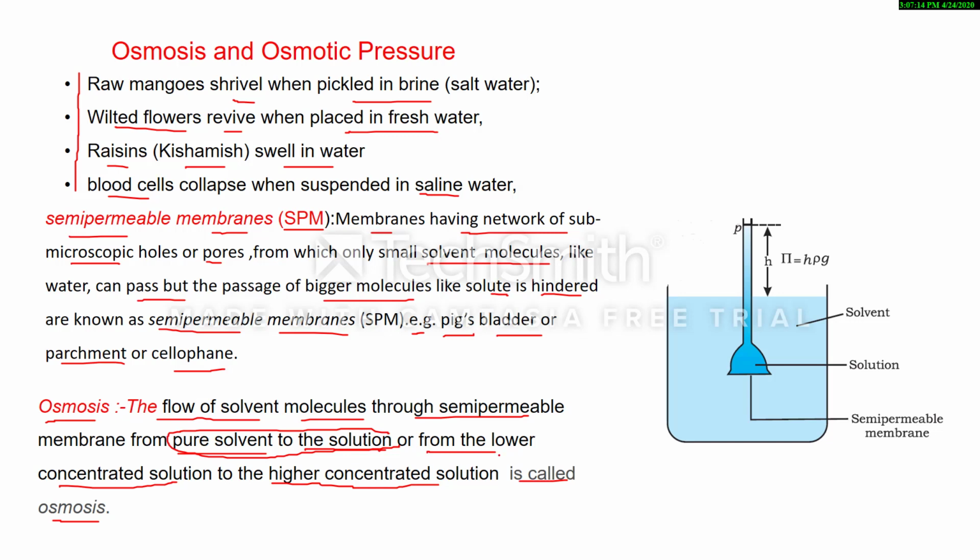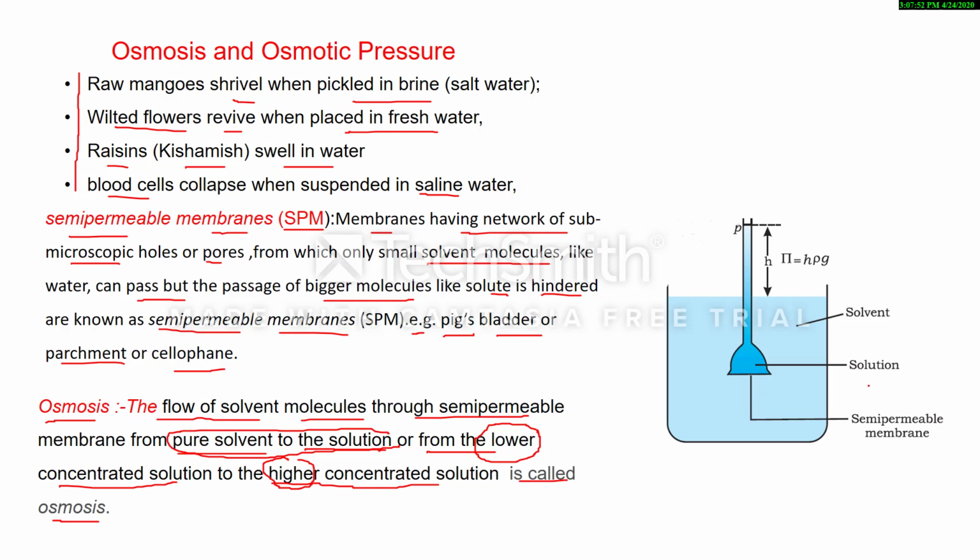Lower concentrated solution means the amount of solute is low but the amount of solvent is more. That's why solvent will flow from the higher amount of solvent to the lower amount of solvent. Is it clear? But concentration is always expressed in terms of amount of solute. That's why we write lower concentrated solution to the higher concentrated solution.